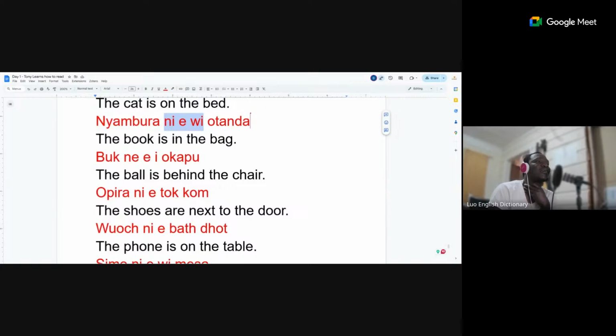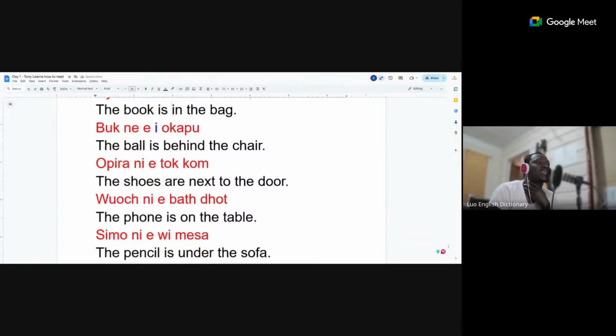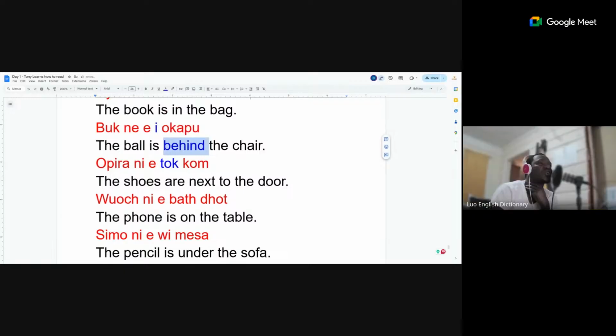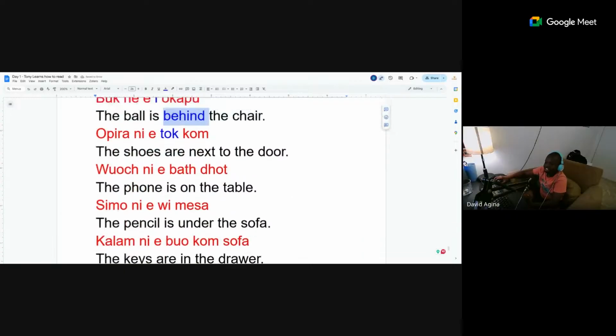Then inside is E. See this? That is inside. The book is inside the bag. That is E. Then behind is tok. Say tok.